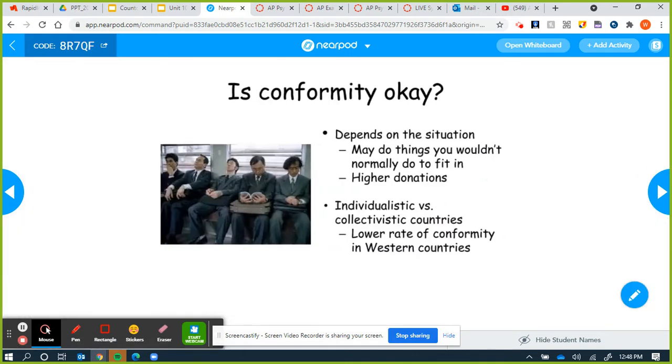All right, so is conformity okay? Yes and no. Sometimes when we conform, we do things that we wouldn't normally do to fit in. It's like your parents saying, if your friends jumped off a bridge, would you? The answer is probably yes, as long as you would fit in by doing it.